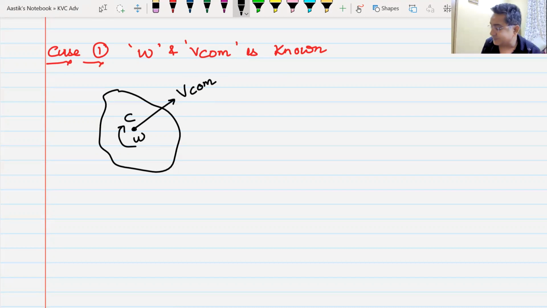How will you locate the instantaneous center of rotation?